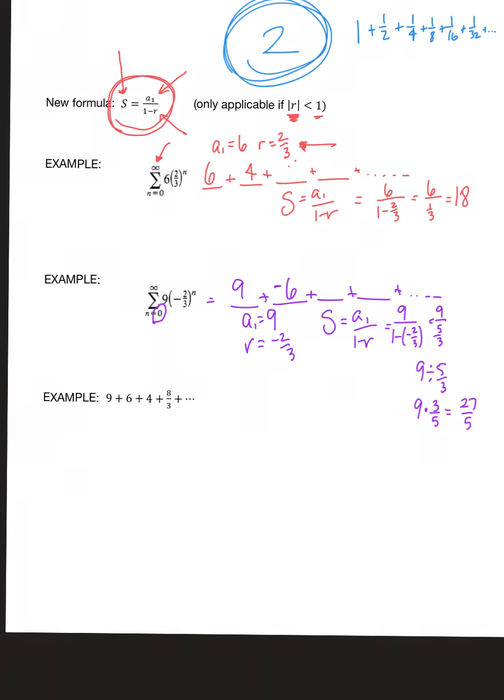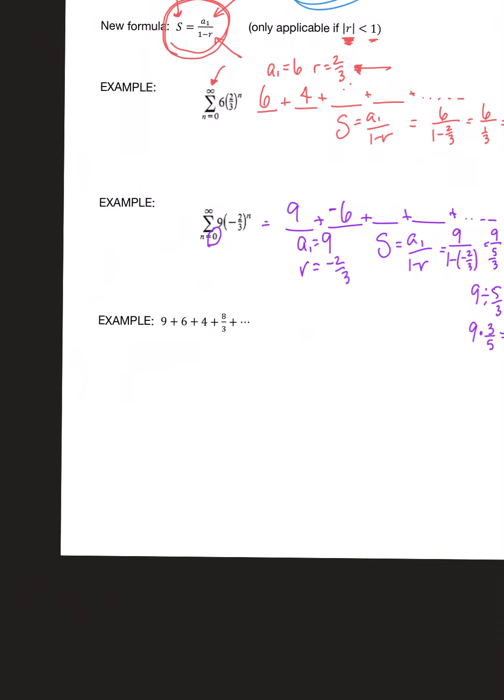My last example: you won't always see these in summation notation. You can see them just as regular old problems. Notice that this ellipsis means that it goes on forever, which implies an infinite geometric series.